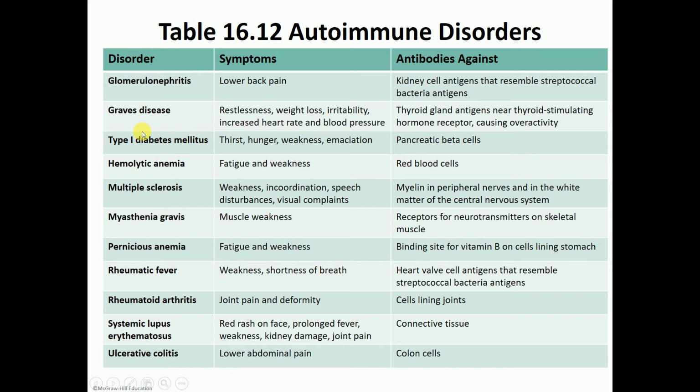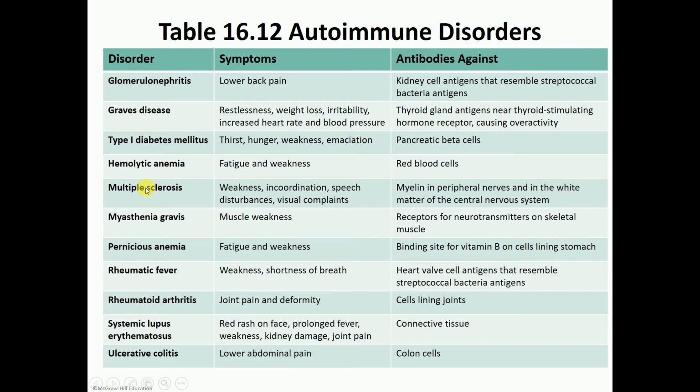Type 1 diabetes, making antibodies against the pancreatic beta cells. Hemolytic anemia, where we made antibodies against RBCs. MS, where in these patients, antibodies are made against the myelin sheath.